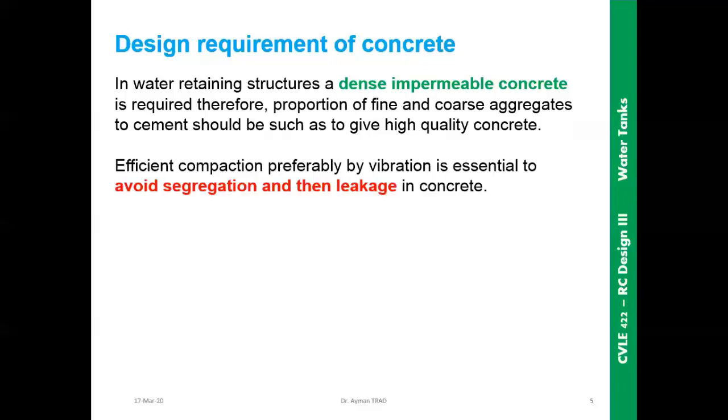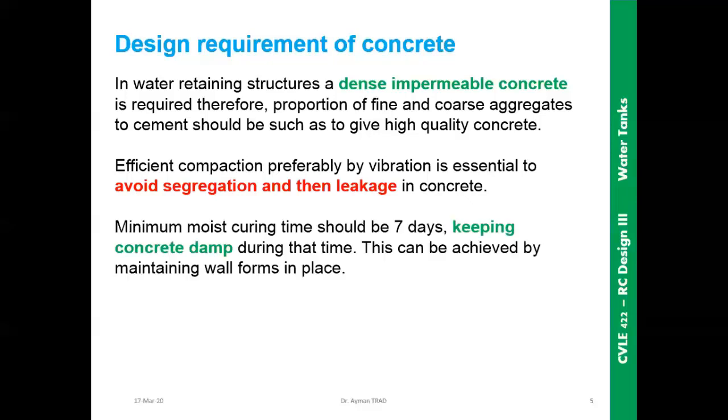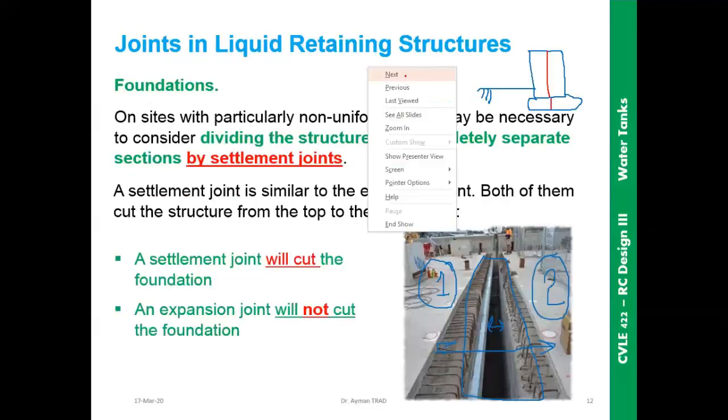We have to take care about the execution, about the vibration, in order to reduce the risk of segregation and then reduce the risk of voids in the concrete. It's recommended to keep the formworks in place at least 7 days in order to keep the concrete inside humid and then to reduce the early age shrinkage and the early age deformation.